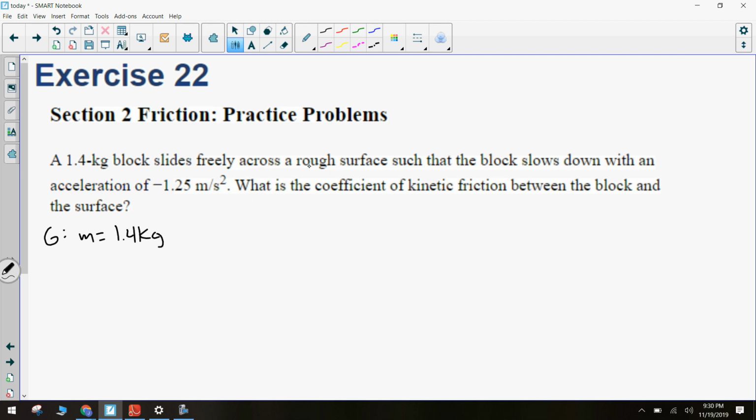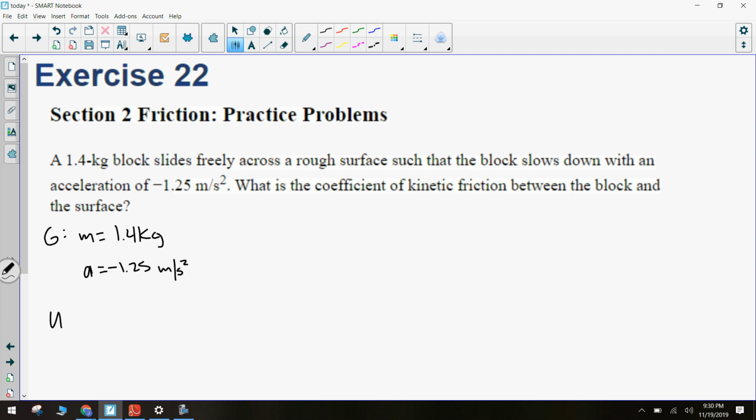Okay, it says a rough surface such that the block slows down with an acceleration of negative 1.25 meters per second squared. Means our acceleration is equal to negative 1.25 meters per second squared. What is the coefficient of kinetic friction between the block and the surface?